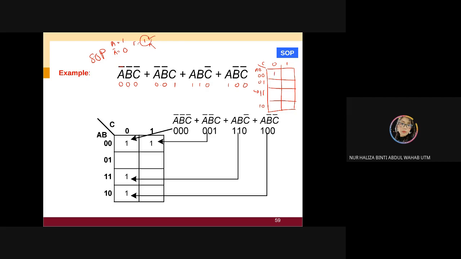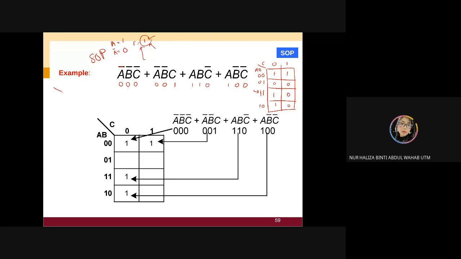Here is 1. Why 1? I already mentioned because it is SOP. 0, 0, 1. 1, 1, 0. 1, 0, 0. Okay, here you get 1, 1, and then the rest will be 0.